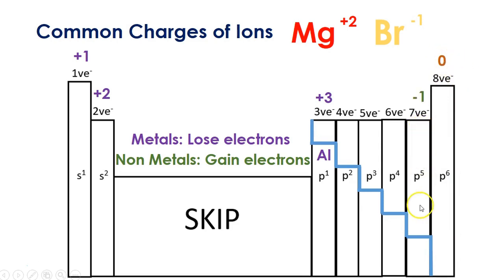This column is just 1 away from a noble gas, having a negative 1 charge. This column is going to have a negative 2 charge, and lastly, this column is going to have a negative 3 charge. We didn't talk about elements here and here because their charges can differ depending on what problem we're talking about.